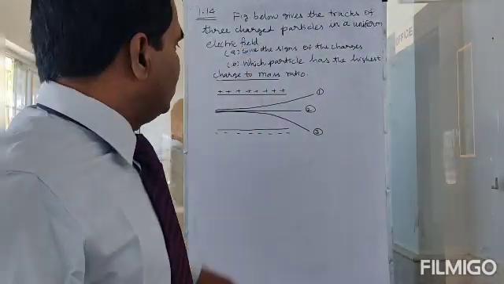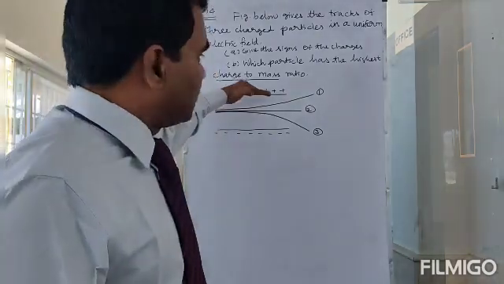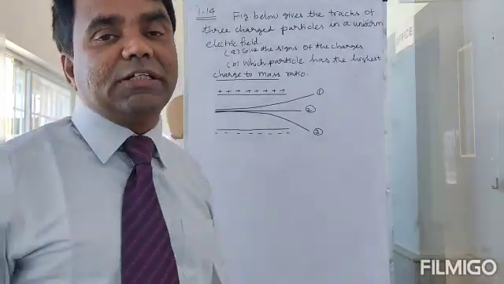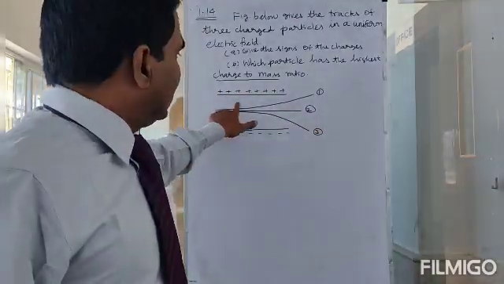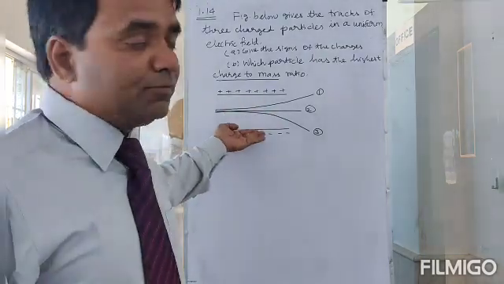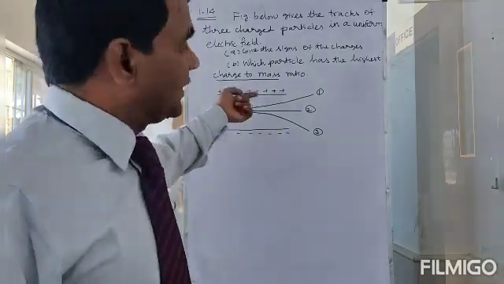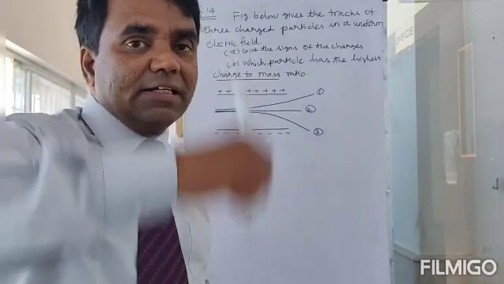So E is uniform between these 2 plates. We already derived this, right? When you have a large plate or an infinite plane sheet, the electric field will be constant here because of this plate, and you also have another plate here, and because of that too, the electric field will be constant. But these 2 inside will aid. Why?